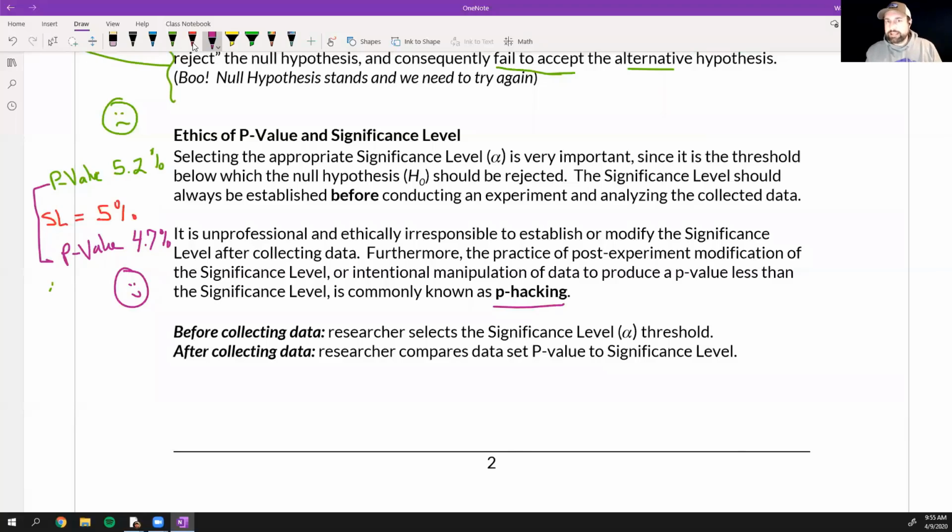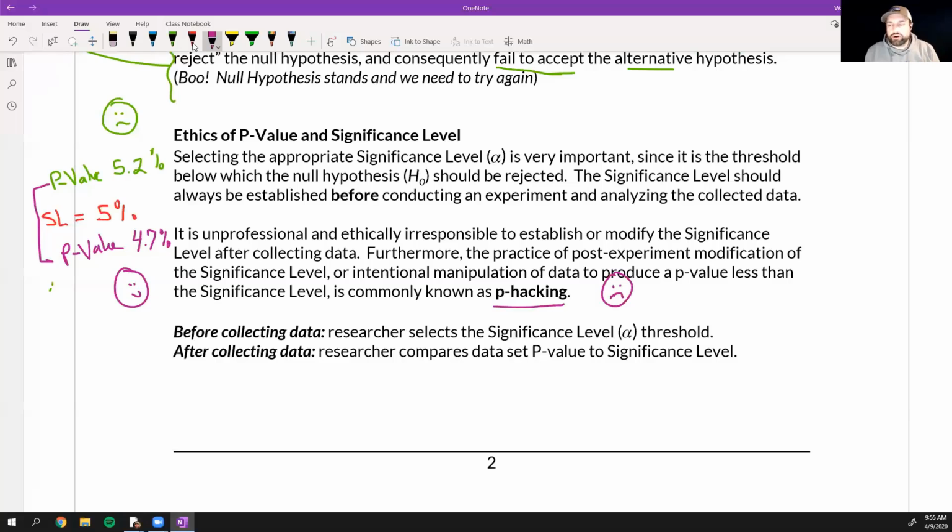And we're not going to get into p-hacking and techniques of p-hacking, but just know that it exists. And it's a bad thing. It's very much frowned upon. Researchers can get in some trouble if they do p-hacking and publish the results. P-hacking is bad.